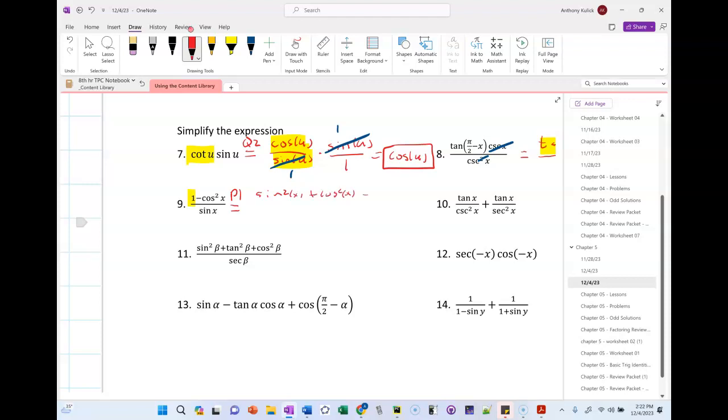And you're like, Mr. Kulik, that seems like a tremendously bad idea, because all you're doing now is making that numerator so much worse. Now there's 3 things in there.